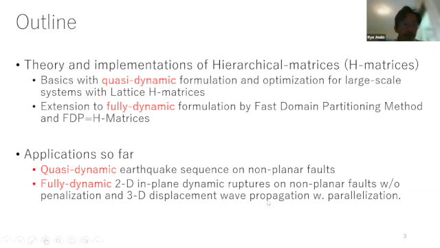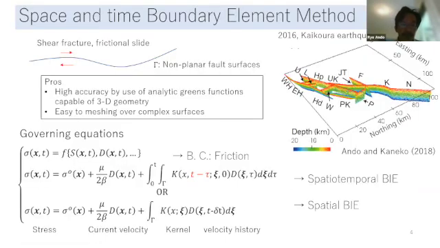All right. So let's start with the quasi-dynamic case. But before that, I just want to mention that our formulation is purely based on the space and time representation of boundary integral equations. We are not using Fourier domain or Laplace domain representations for our purposes.